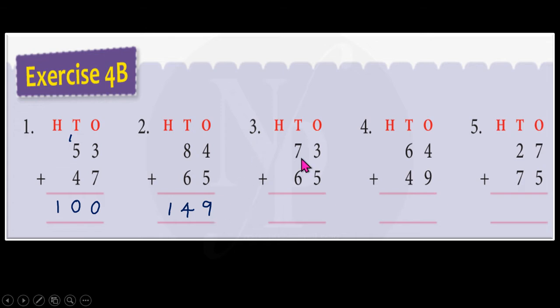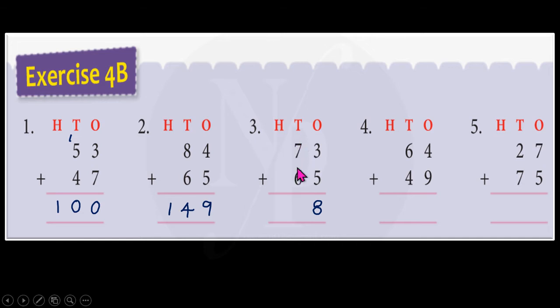Question number 3, 73 plus 65. We add 3 and 5 first. 3 ones plus 5 ones is 8 ones. So we write 8 in ones column. And then we add the digits in tens column. That is 7 plus 6. So when we add 7 and 6, we get 13 as sum.